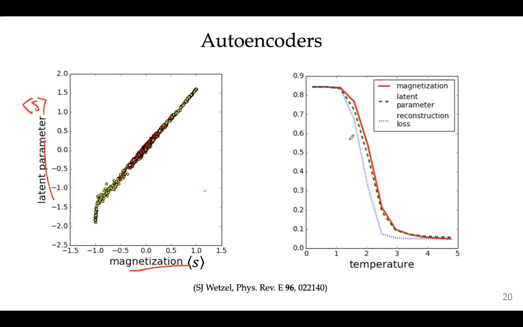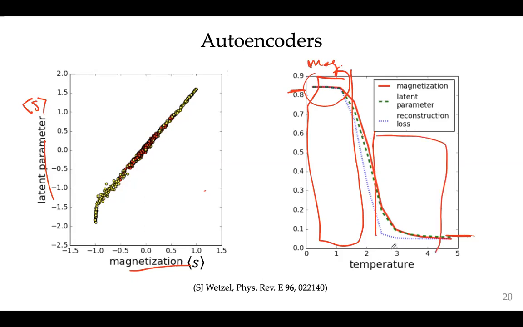And if you plot the magnetization and the latent parameter with respect to temperature, they're actually on top of each other. And you can even distinguish the two phases. In the magnetic phase here, you can see that the magnetization is almost 1. Here, the magnetization is almost 0. So this is the magnetic part, and this part is the non-magnetic.